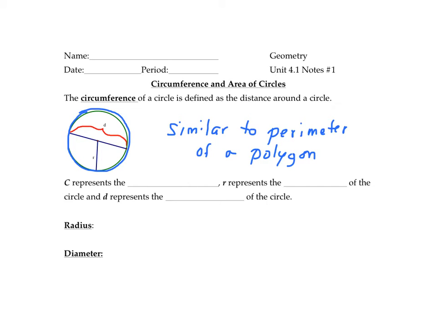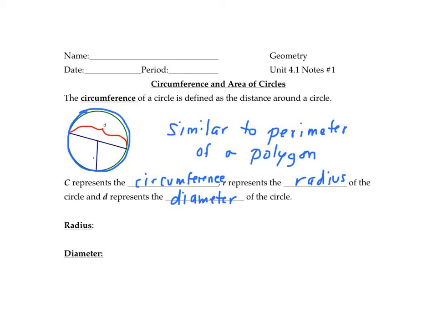C represents the circumference, or distance around a circle. And r represents the radius of a circle. And d represents the diameter. And you're probably familiar with these terms from a previous math class.